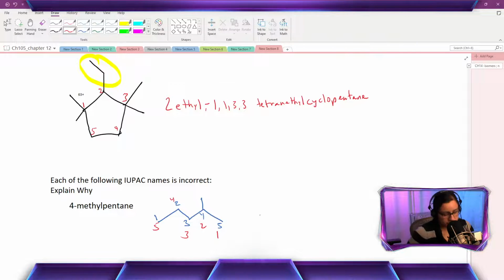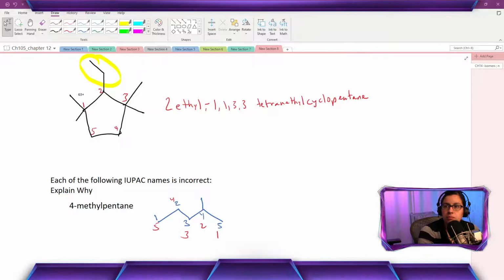So what's its proper name? And so we'd name this 2-methylpentane.